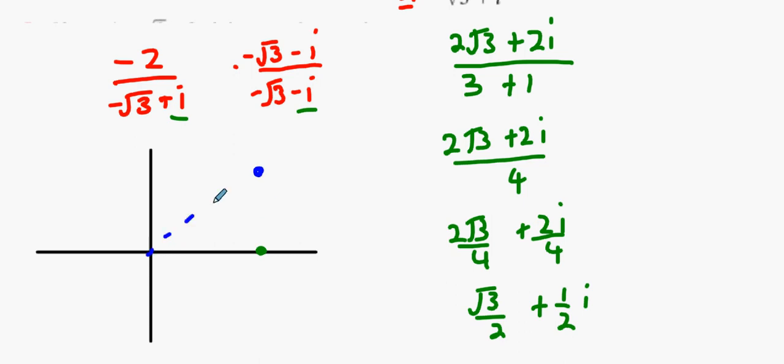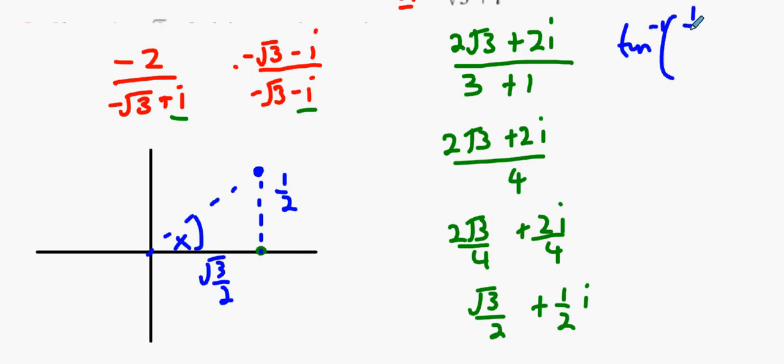So what angle are we dealing with here? So root 3 over 2 across, a half in the air. I'm going to need the tan inverse of that, haven't I? So tan inverse a half divided by root 3 over 2. Has anybody got that for me? Is it 30 degrees? Okay.